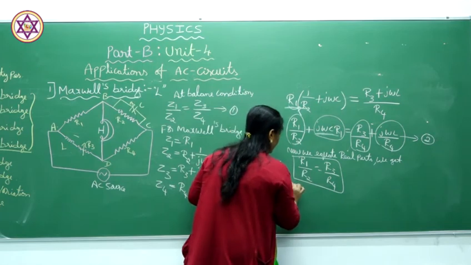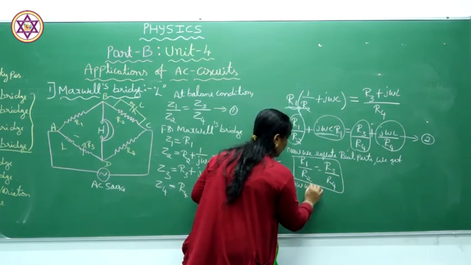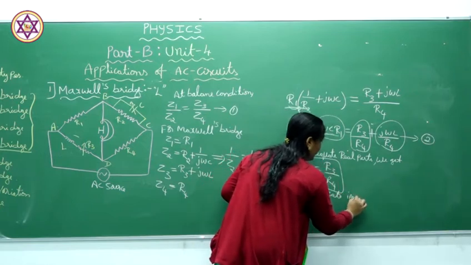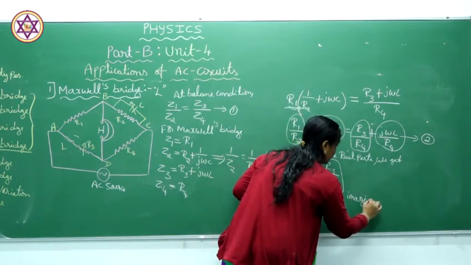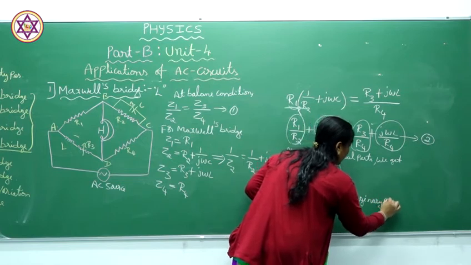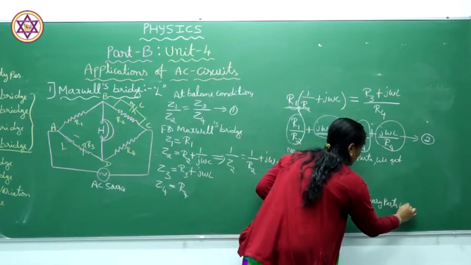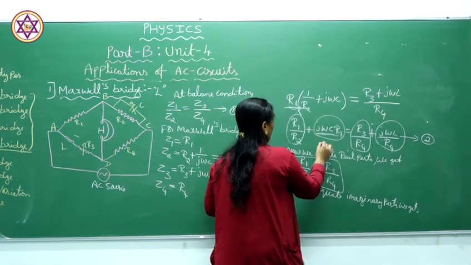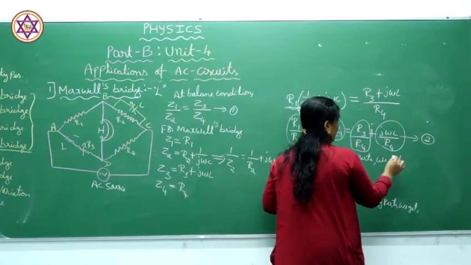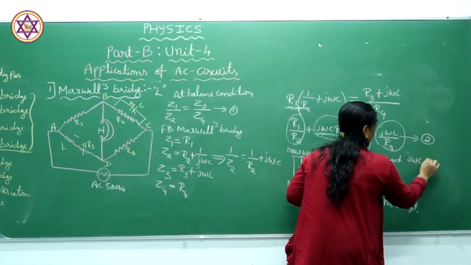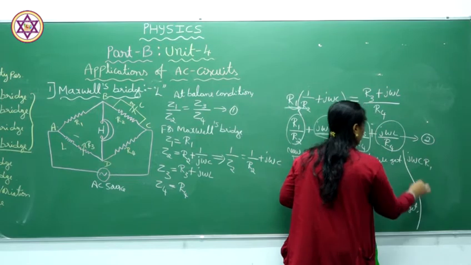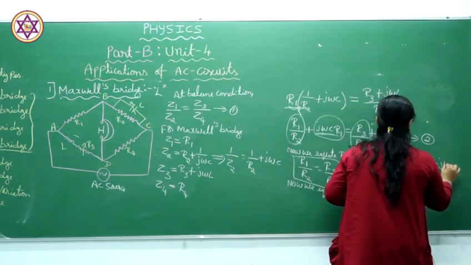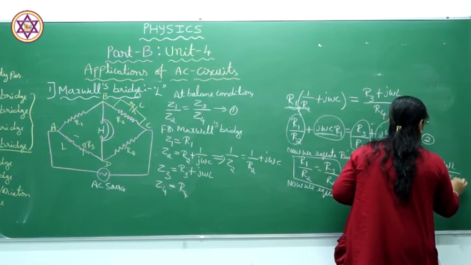Now we equate imaginary parts. We get, the imaginary parts are j omega C R1, which is equal to j omega L by R4.